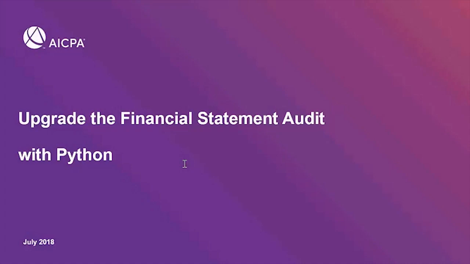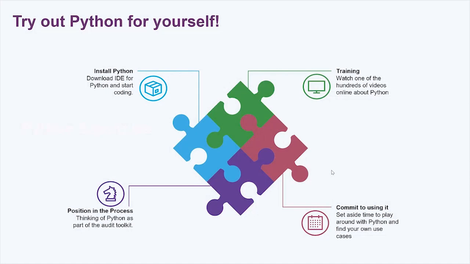So if you're interested in learning more about Python and how it could be used and how you can learn how to use it, first you could install Python on your computer. It's free to download, free to install. Python.org or the Anaconda. If you Google Anaconda Python, there's a download there with a bunch of great resources. There's a lot of good training videos out there like Coursera and edX and YouTube, some free trainings on Python.